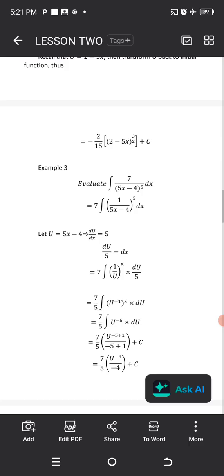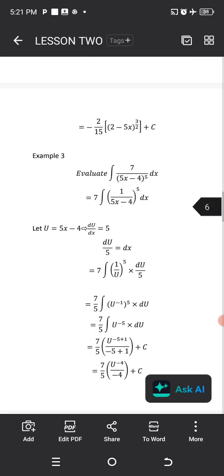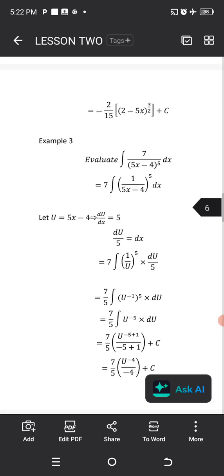I said composite function because that 1 over f(x) minus 4 raised to power 5 can actually be changed to raised to power minus 5, from your knowledge of indices. So all the same. Now you bring out the constant, which is 7. That was why you can see 7 outside in the next line. So 7 integral of 1 over 5x minus 4 raised to power 5 dx.